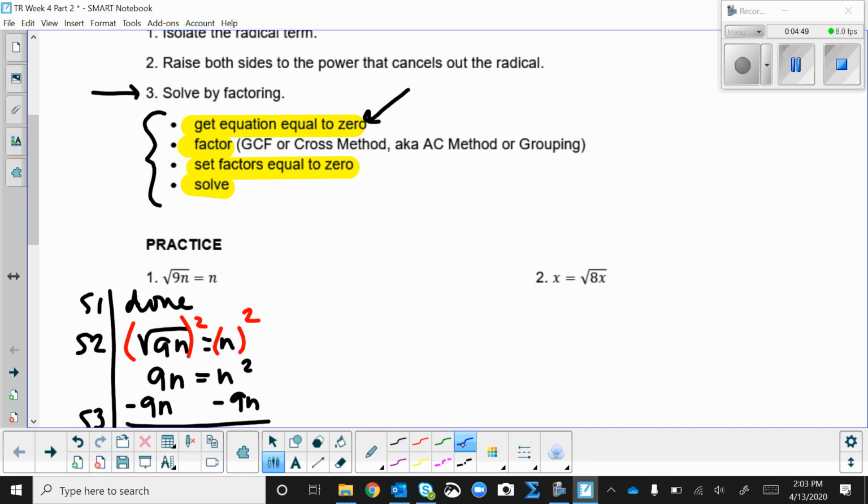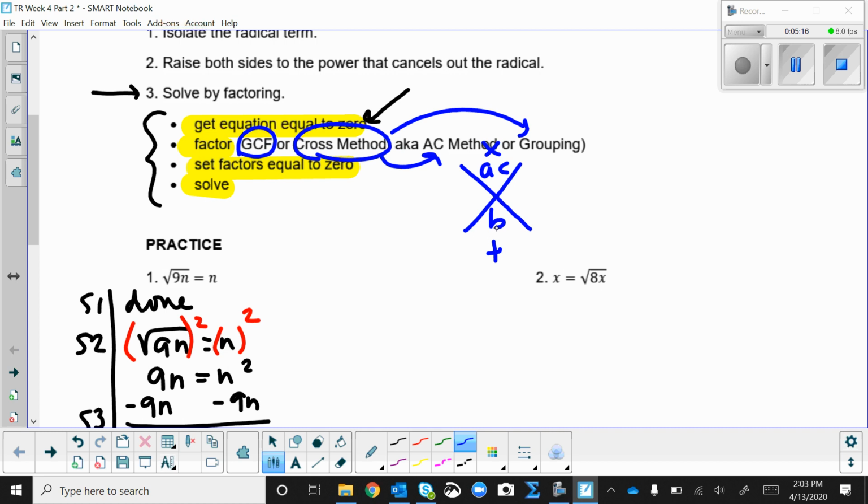So the only 2 methods of factoring we're using today are GCF and cross method. Sometimes you might call cross method AC method. Sometimes we might call it grouping. It's the thing that starts out like this: what multiplies to AC and adds to B.